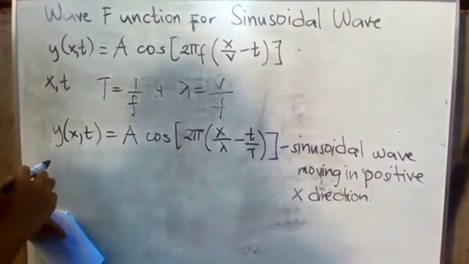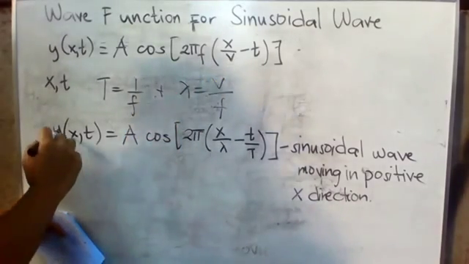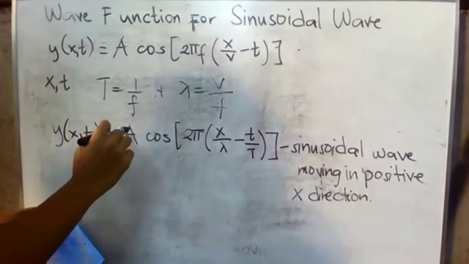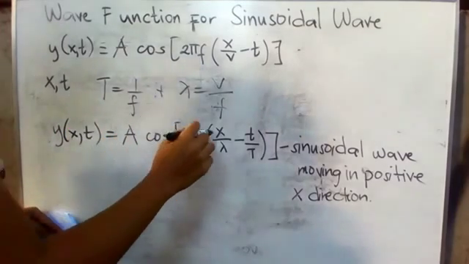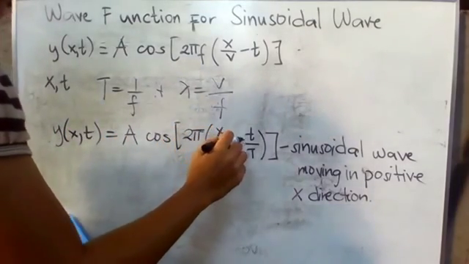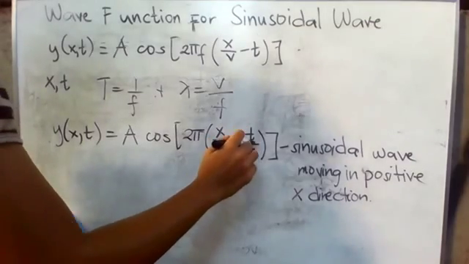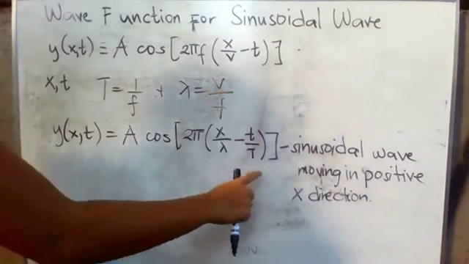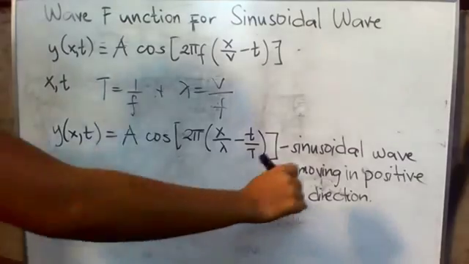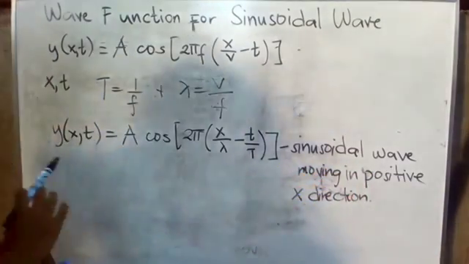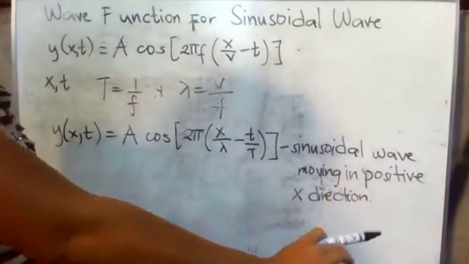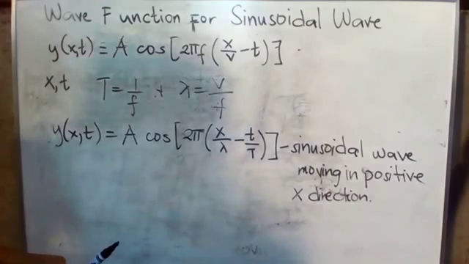Cancel the frequency, and we now have y as a function of x and time equal to A cosine 2 pi (x over lambda minus time over T, the period). So this equation is what we now call the sinusoidal wave moving in the positive x direction.